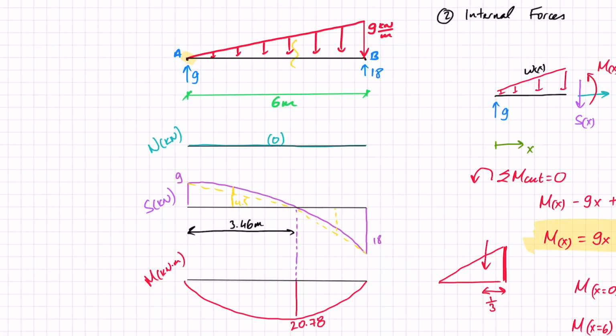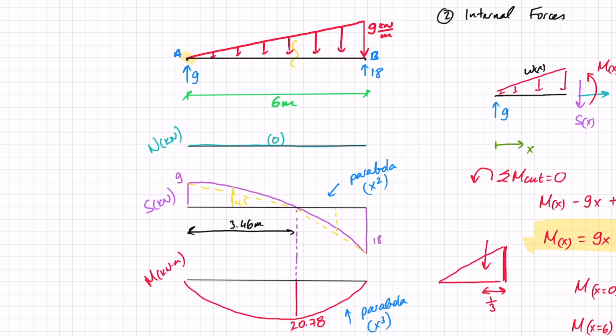So just a few important things before we finish. When we have a distributed load which is not uniform, we can see that our shear is a parabola, and it's a function of x squared, and our moment is also a parabola, but it's a function of x cubed.